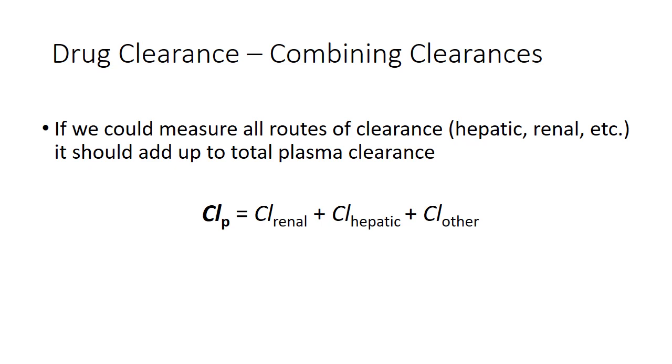If we could measure all routes of clearance, hepatic, renal, and other, that should add up to total plasma clearance. So if the kidneys cleared 50 milliliters per minute, the liver cleared 50 milliliters per minute, then that would be 100. And it should all add up to the plasma clearance, right? So you can calculate one of these if you have all the others, basically.